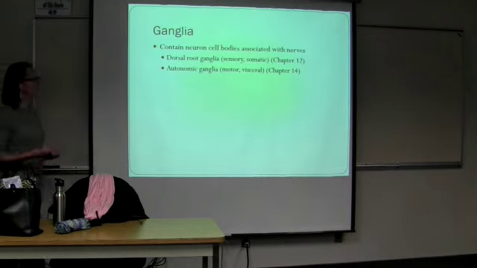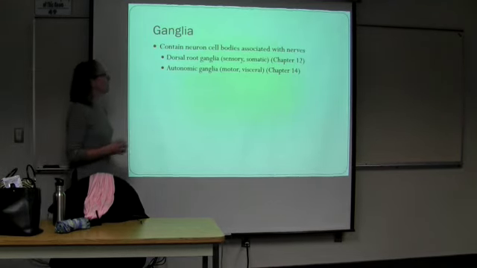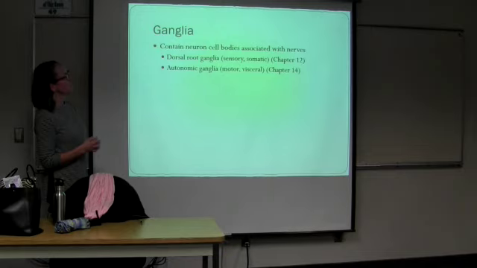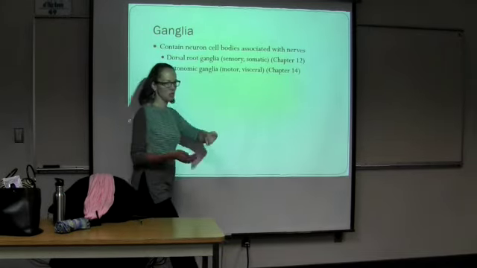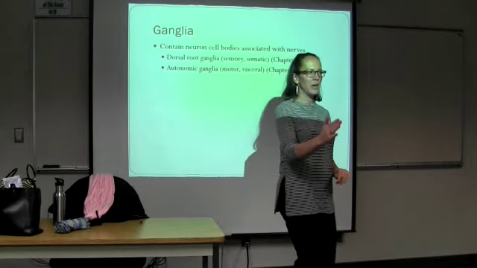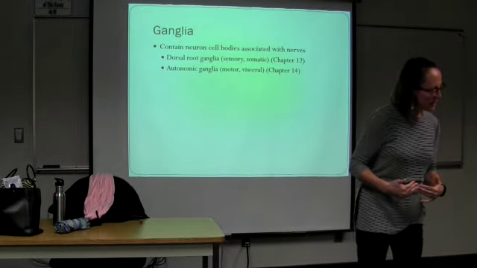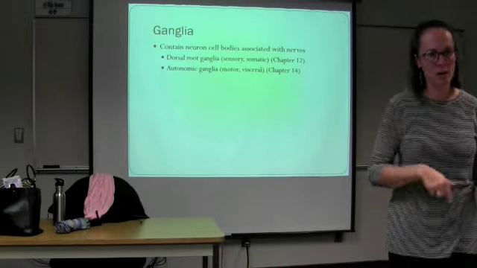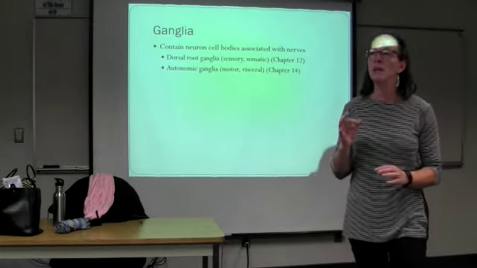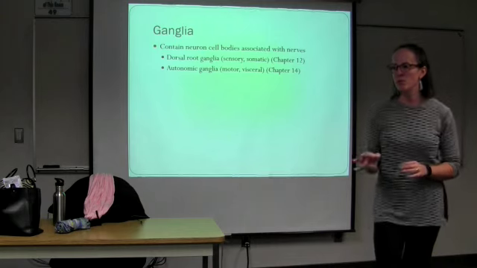Ganglia. I should have gone through these notes before I lectured about it. Sorry about that. All right. So dorsal root ganglion we talked about. It's a collection of nerve cell bodies associated with the nerves. So dorsal root ganglion, and we've looked at it, is in the back of that whole spinal cord complex that we've looked at, right? That'll be collections of cell bodies for sensory nerves.